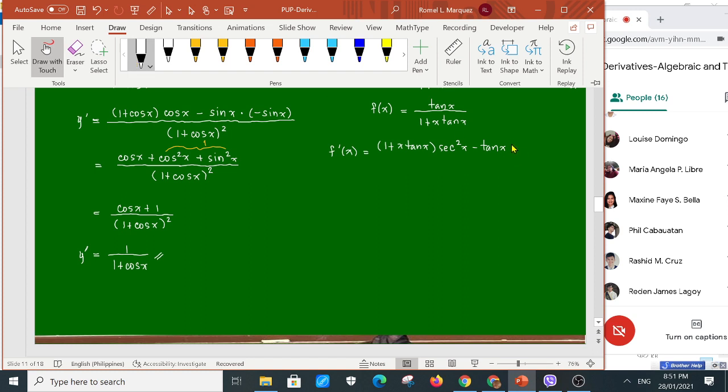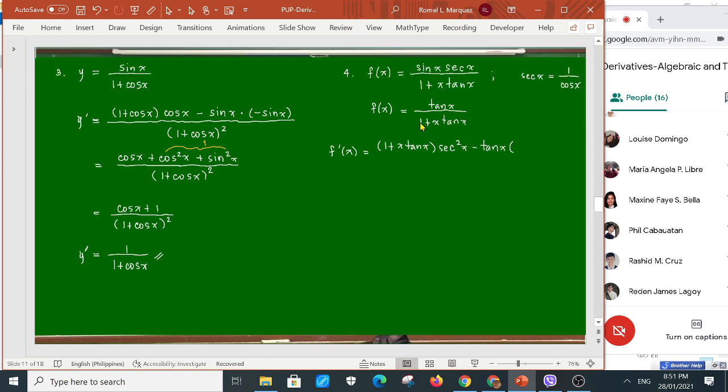The derivative of the denominator: 0 for the first term, and the second term is a product.